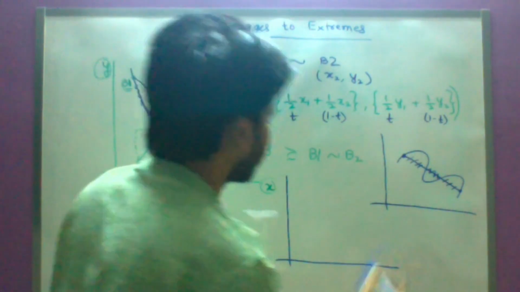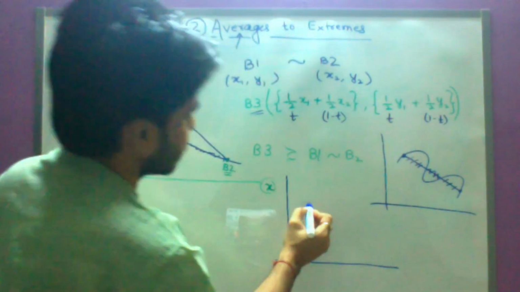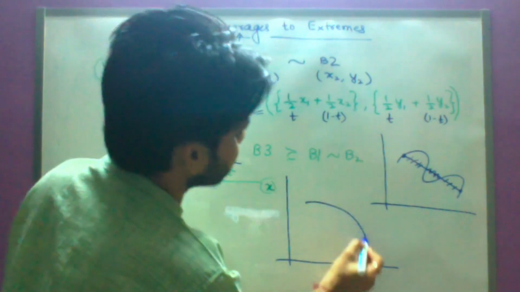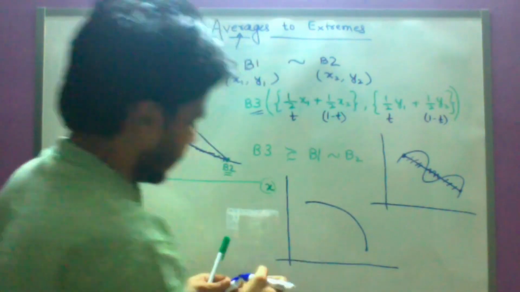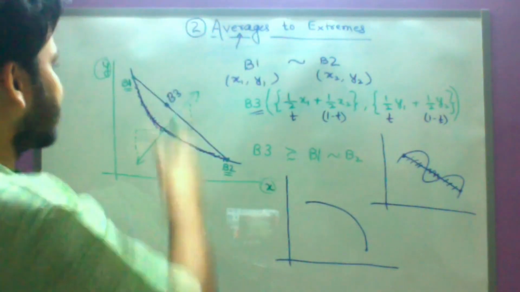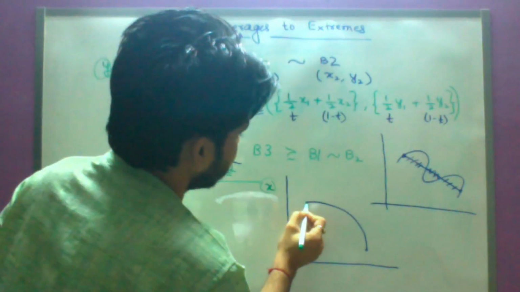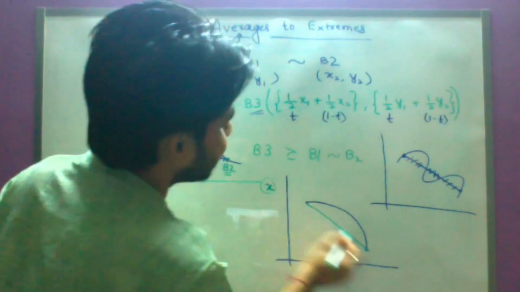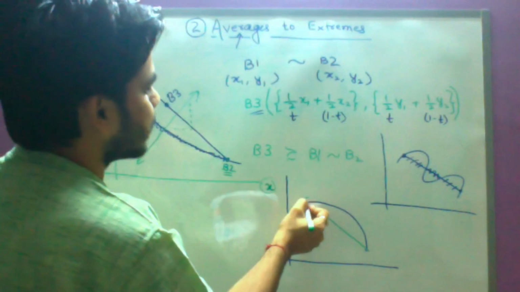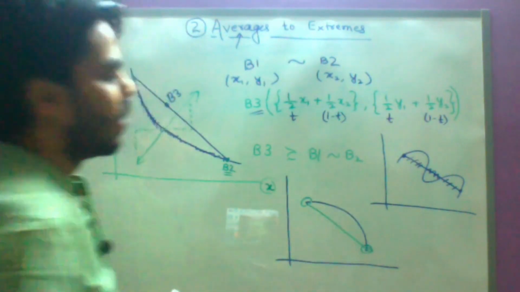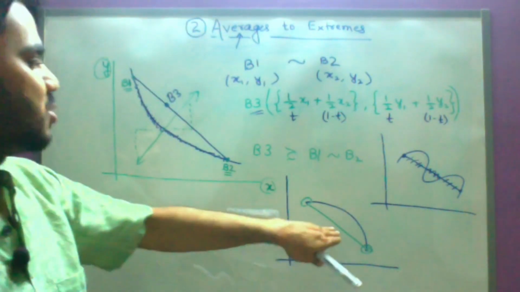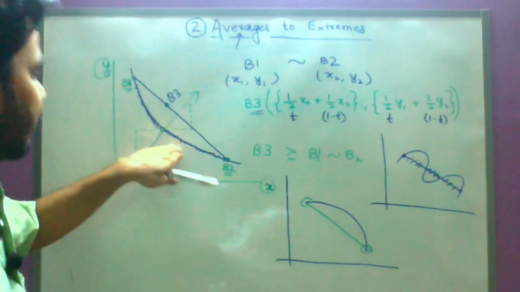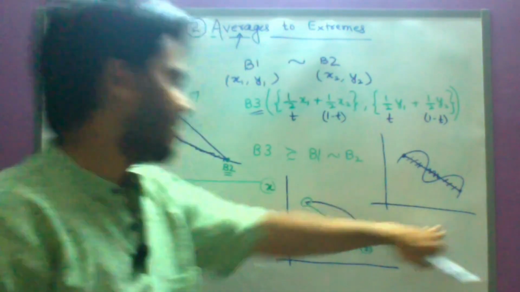Another example could be just the opposite of this. Let's say I have this kind of an indifference curve. In that situation, you just have the opposite, meaning the entire line connecting the two bundles is below. So you can also say that this is convex, non-convex, this is concave.